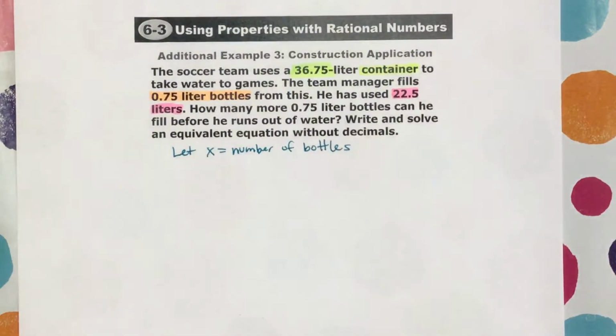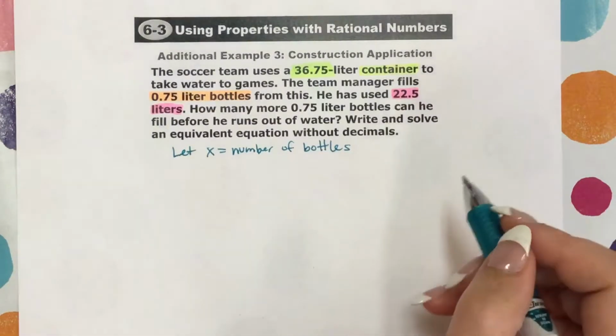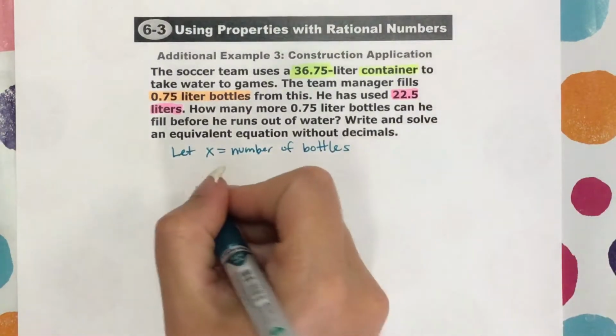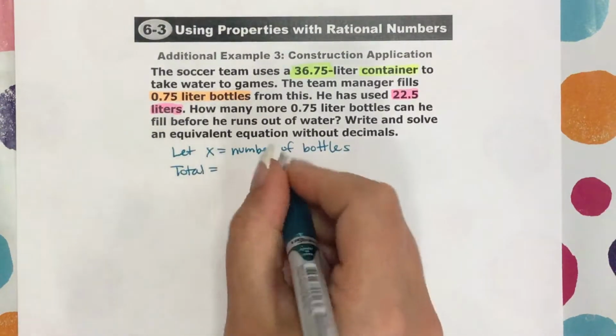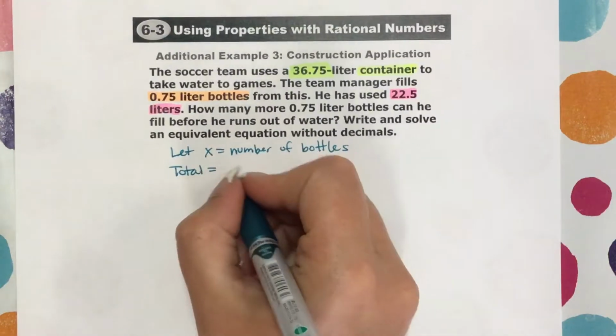Now, when I am setting up an equation for a problem like this, this is a type of problem where we have a total of something, and then the total is made up of pieces.